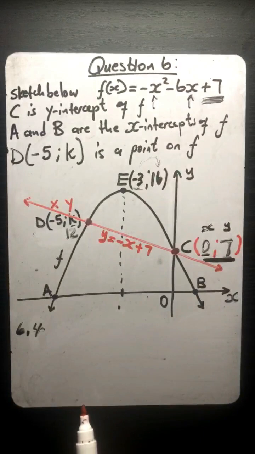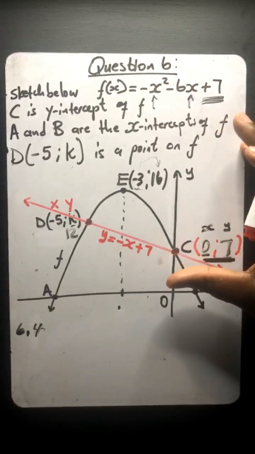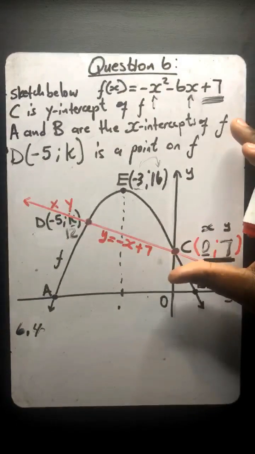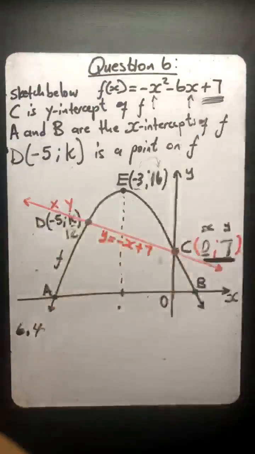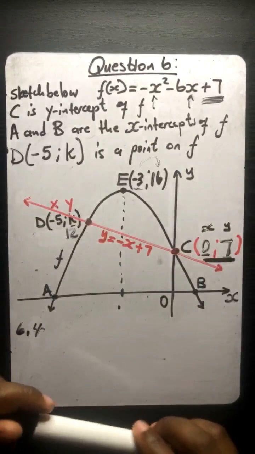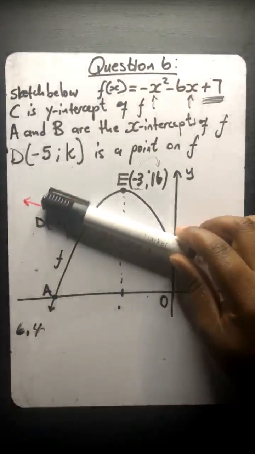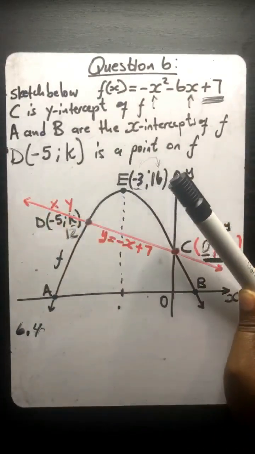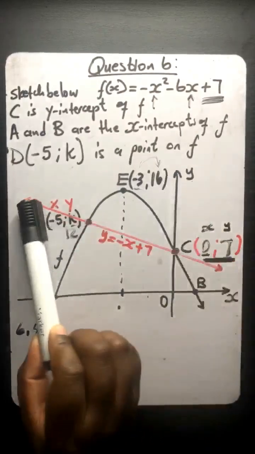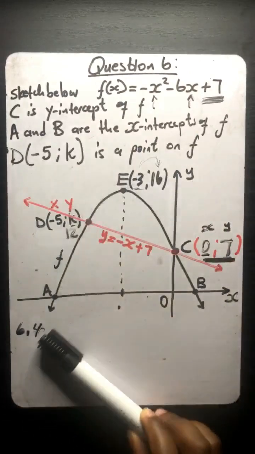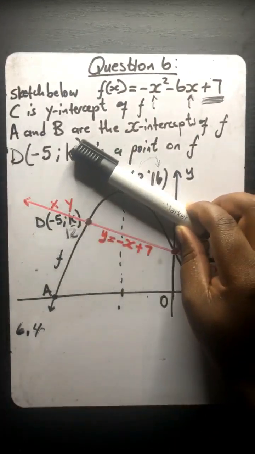Now they haven't talked about point P, but they are now introducing that point P. So they are saying determine the coordinates of P. This is where you need to apply your mathematical understanding. Remember, guys, if we have a straight line similar to that one, and you draw another line which is parallel to that and at the same time touching this function only once, maybe you draw it somewhere there.